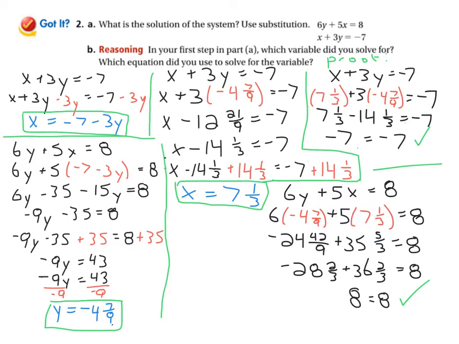Now we change these improper fractions into mixed numbers. 9 goes into 42 4 times, that's 36. So this goes down by 4 because it's a negative. And 36 taken away from 42 is 6/9, which is 2/3. Okay, here we can get one group of 3 out of here to make that 36. We have 2/3. So now we've got a negative number. We're taking away this amount from this amount.